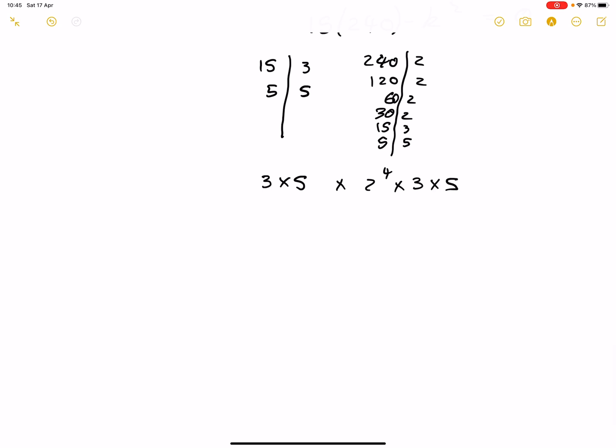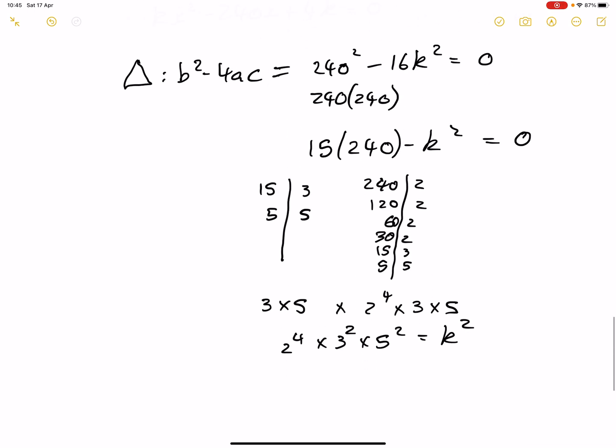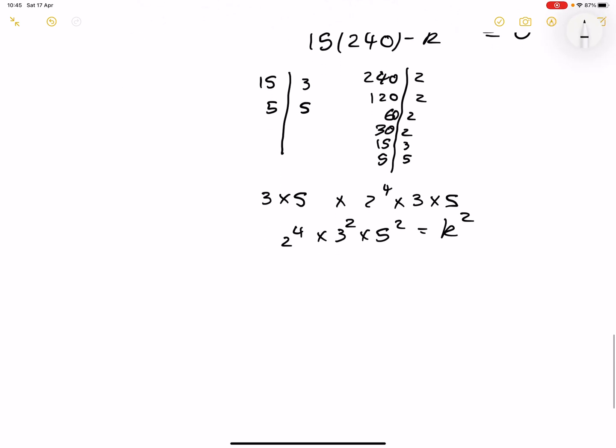And if we've multiplied these together, we'll get 2 to the 4 times 3 squared times 5 squared. And that will be equal to k squared. Because we had this minus k squared is equal to 0, therefore k squared is equal to it.